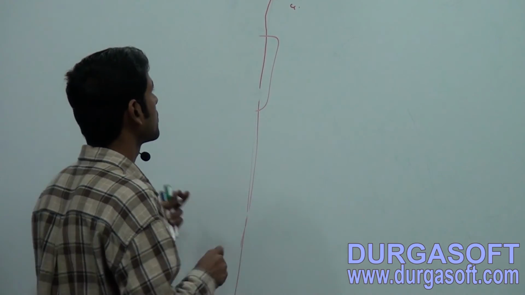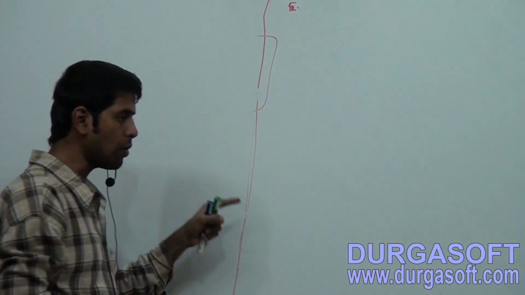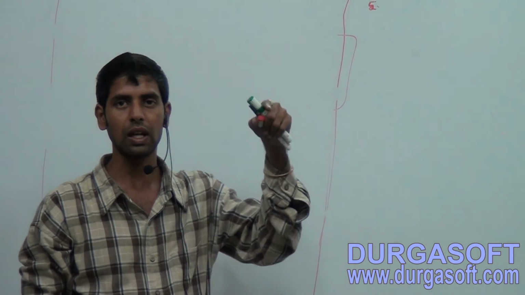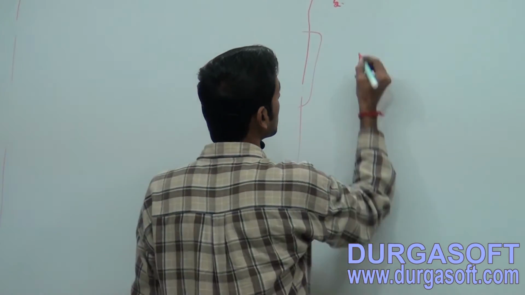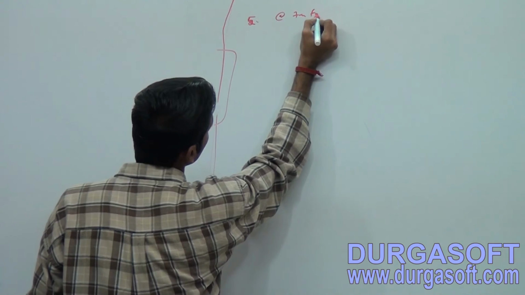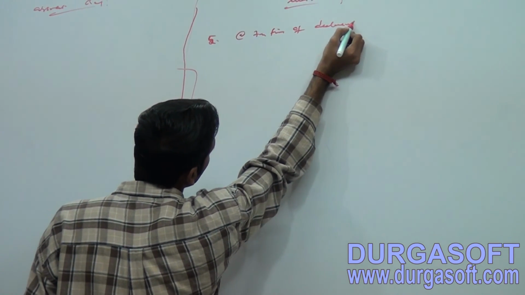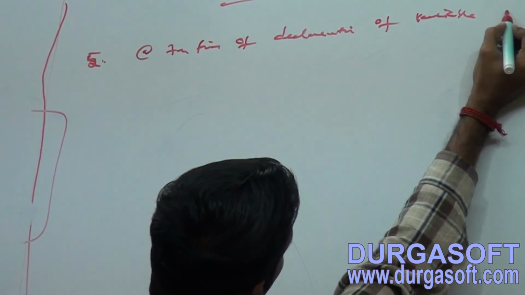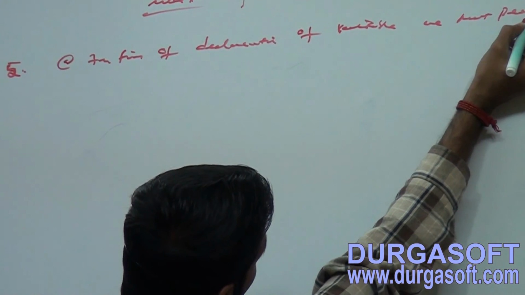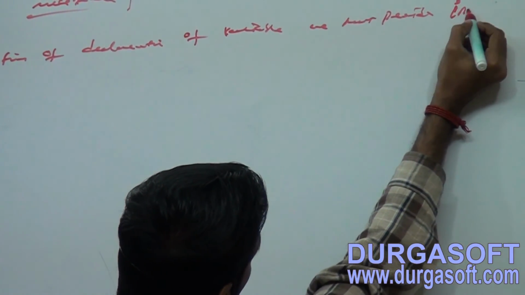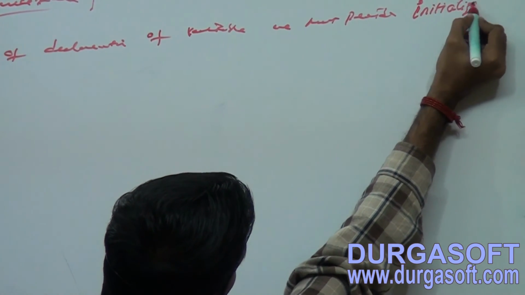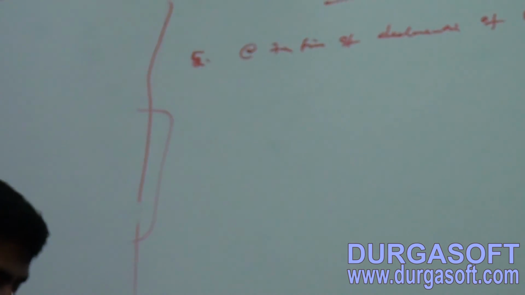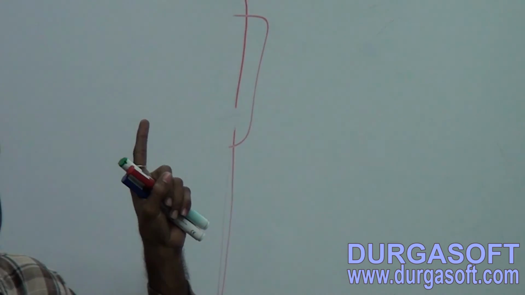At the time of declaration of variables, we must provide initialization. Why is this the question to us? Let me give the example first.